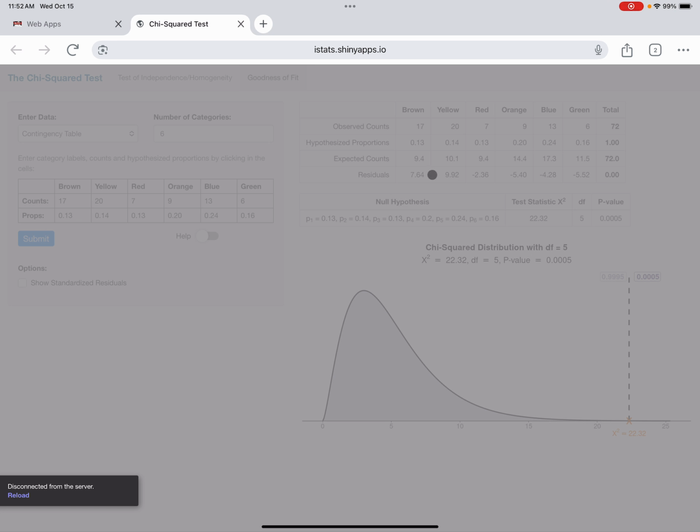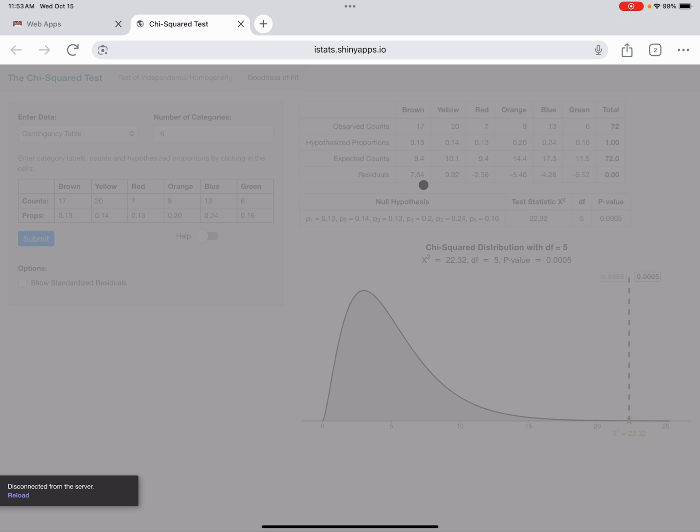So the residuals are this bottom row in the table that Art of Stat computes for us. And what the residuals measure, if you look at this number 7.64, is the difference between what we expected here and what we observed, right? It is a little bit strange that they round the residuals to 2 decimal places, but they only round the expected values to 1 decimal place.